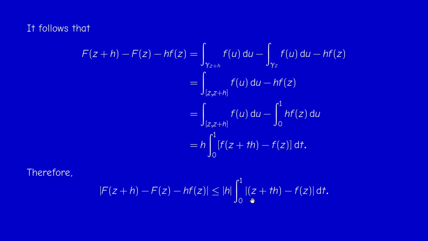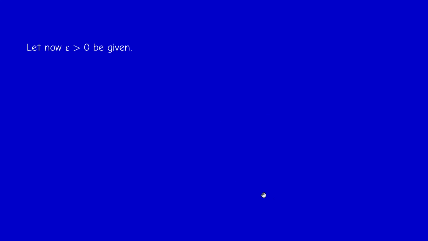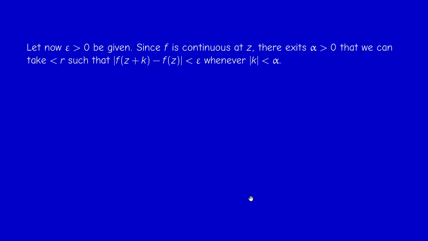Unlike the real integrals of real functions, it takes a little bit of work to prove that. Now I want to prove that this integral is less than epsilon if h is less than a certain quantity, right? But this is easy because this is a consequence of the continuity of f at the point z, which is fixed in this discussion.